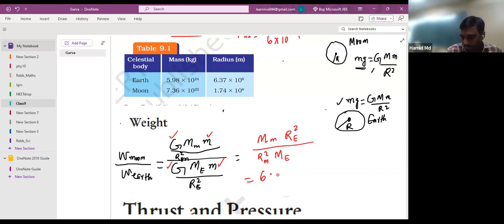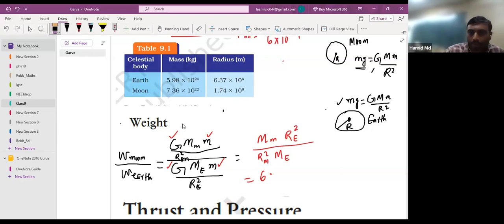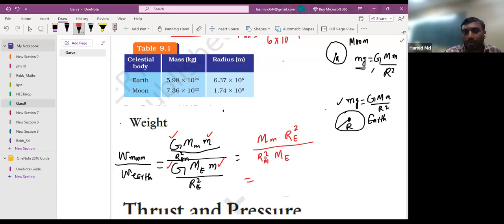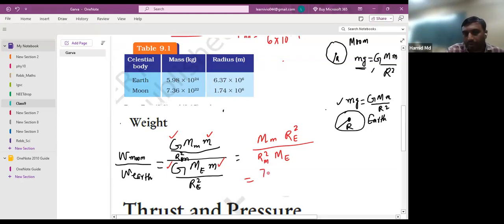What is the mass of moon? Mass of moon is 3.7, sorry, my fault. Maybe last day we were making the same mistake, but today I calculated it earlier. So mass of moon is 7.36, and radius of Earth is 6.37 into 10 raised to the power 6 whole square.